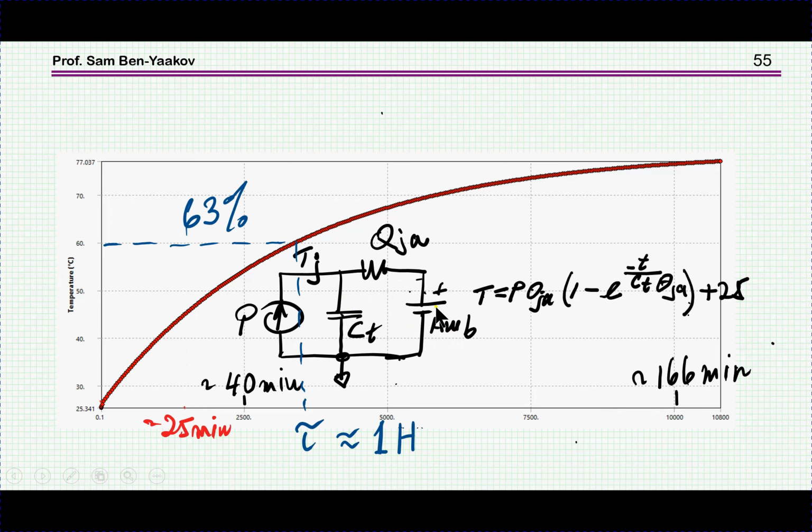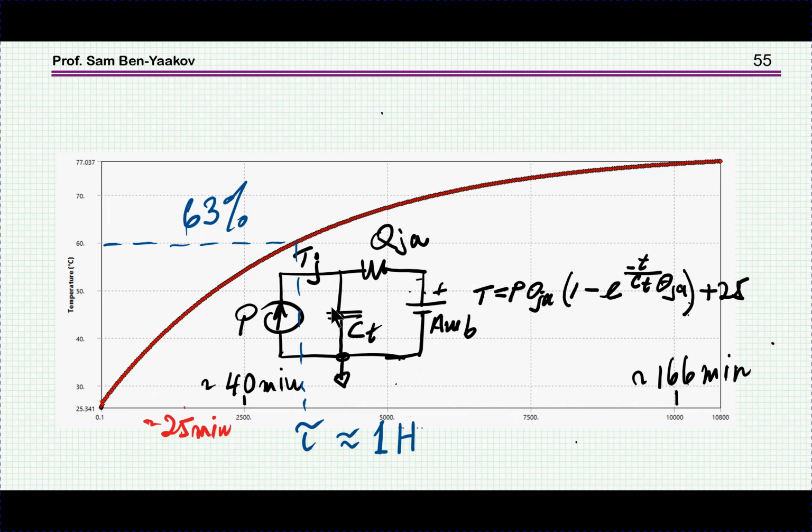Now, the time constant, as I've said, can be found from this curve here. It's about 63% of the maximum, which is about 1 hour. So it'll take a couple of hours to stabilize. And this is for a given power level.